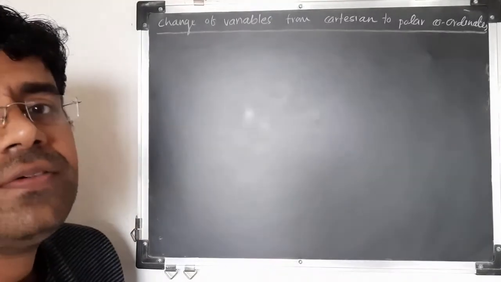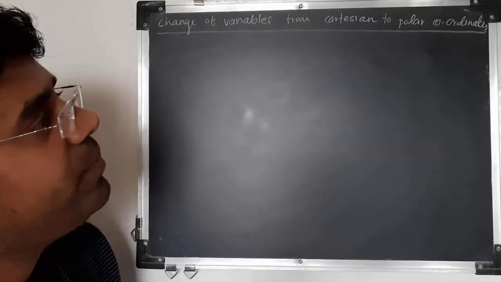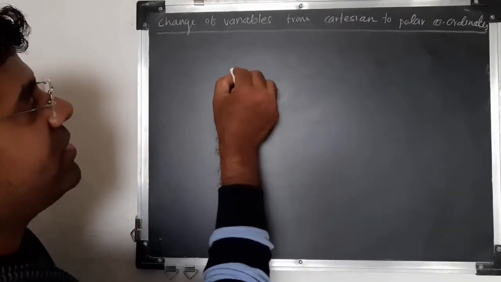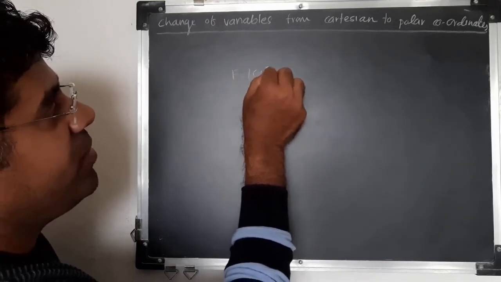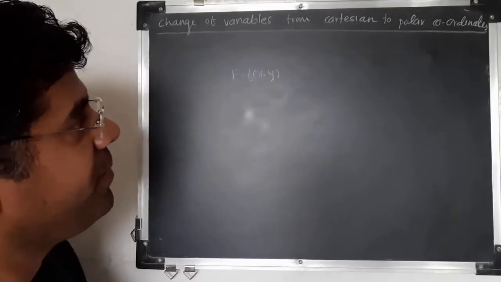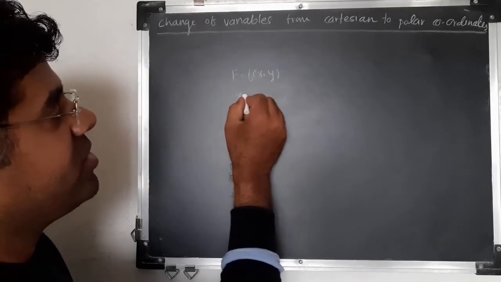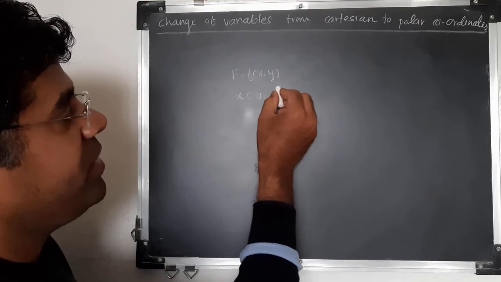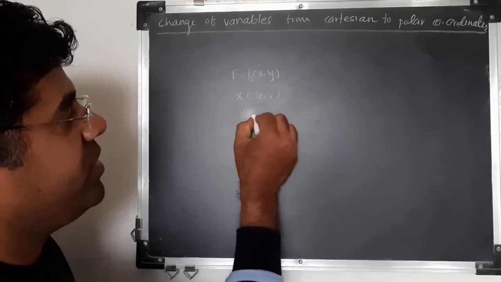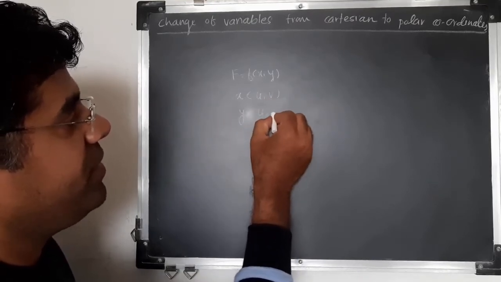So yesterday we have seen the chain rule. Suppose f of x is a function of two independent variables, x and y, and x is again a function of any variables u and v, and y is also a function of u and v.